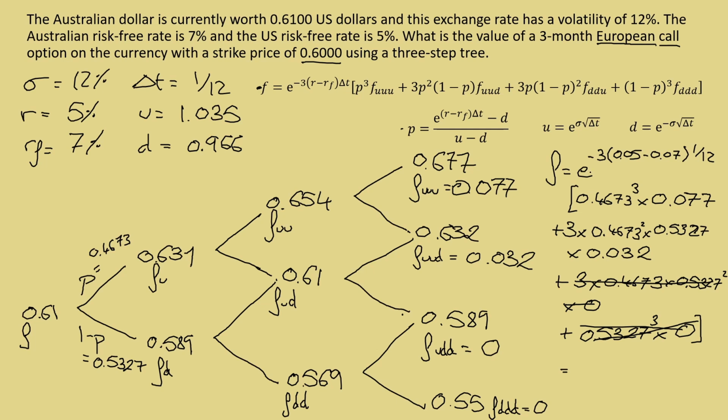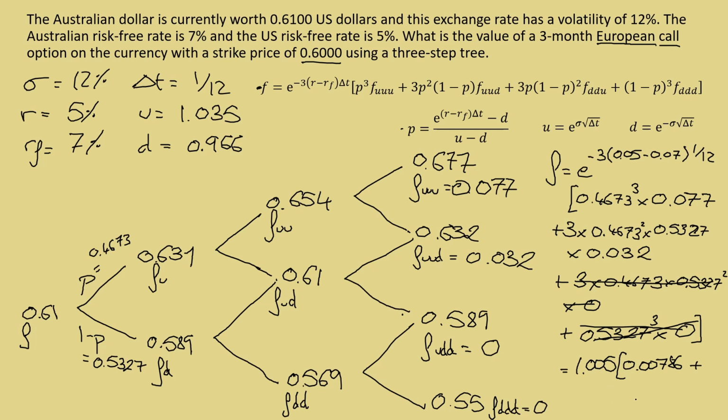So e to the power of minus 3 times 0.05 minus 0.07 times 1 over 12. If you plug this into the calculator, you should get 1.005. And we open brackets. The first part, so P cubed times FUUU, should give you about 0.00786, plus the second part, so 3 times P squared times 1 minus P times FUUD.